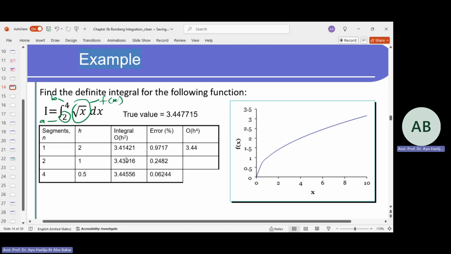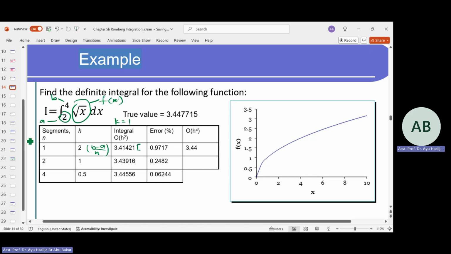It already gives you the answer. So we find it for each level. Now for the first level, k equals 1, which is OH2. 1, 2 for the segment. How do we find the H? H is B minus A over N. That's how you get this value.